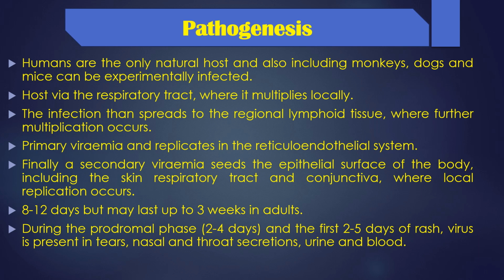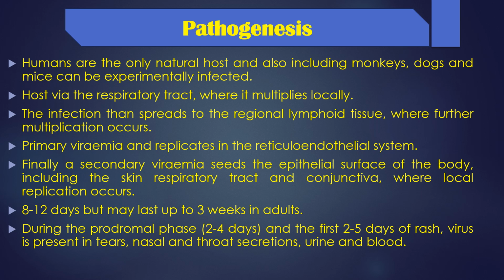Primary viremia disseminates the virus, which then replicates in the reticuloendothelial system. Finally, a secondary viremia seeds the epithelial surfaces of the body, including the skin, respiratory tract, and conjunctiva, where local replication occurs. The described events occur during the incubation period, which typically lasts 8 to 12 days but may last up to 3 weeks in adults.